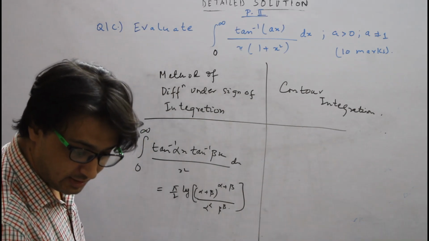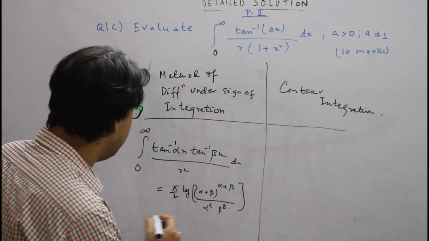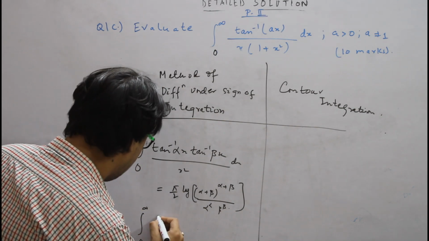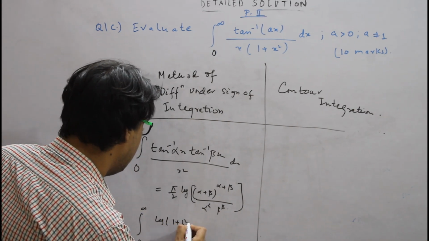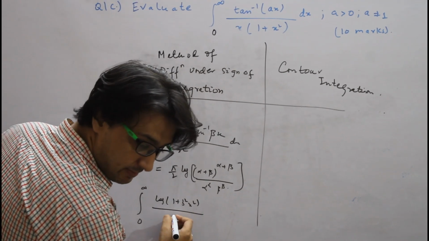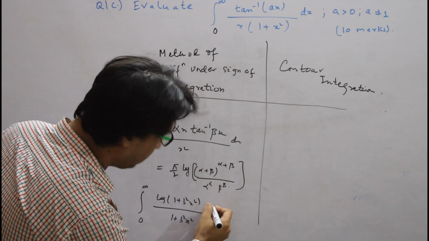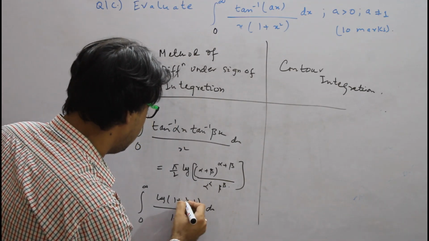And they have asked one more question in 1991: the integral from 0 to infinity of log of 1 plus b square x square divided by 1 plus b square x square dx. Here it is a square.